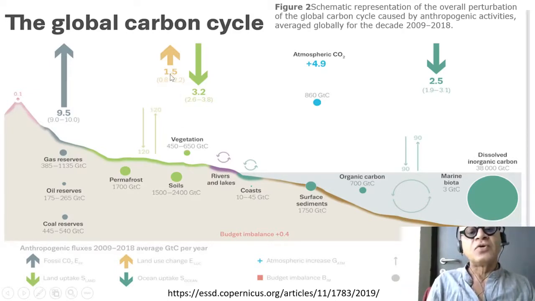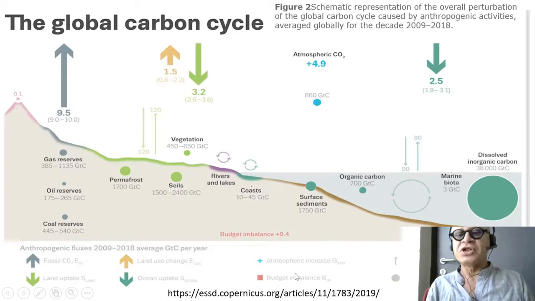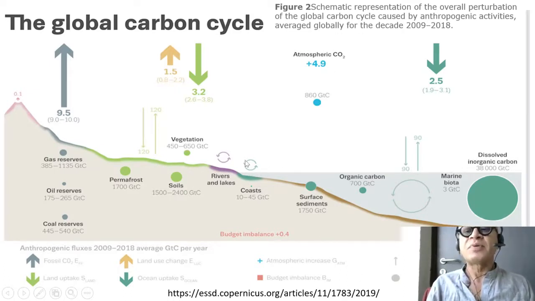Okay, so here is the emissions from land use change. Okay, 1.5, this should be in gigaton carbon per year per meter squared, and this is the land uptake.